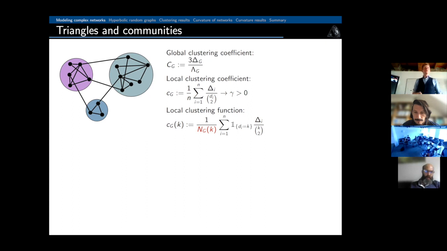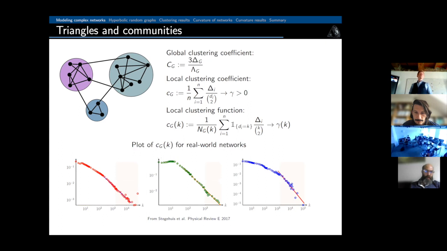So this is a function of k. And what we're going to assume is that this empirical function converges to some limit function as n goes to infinity. You can ask, well, what limit function? Well, there's evidence for many networks. Here you see this function plotted for real world networks. There's again this evidence that this function is regularly varying. But here actually you get exponents that are very close to 0.